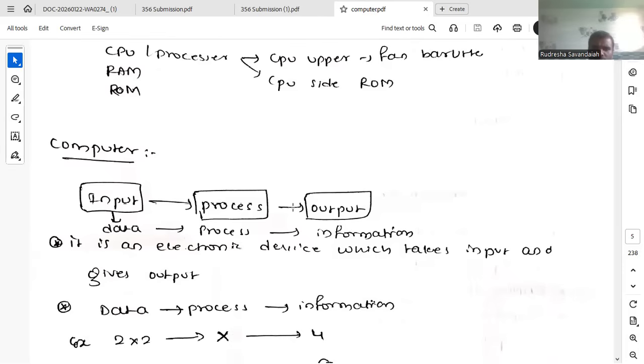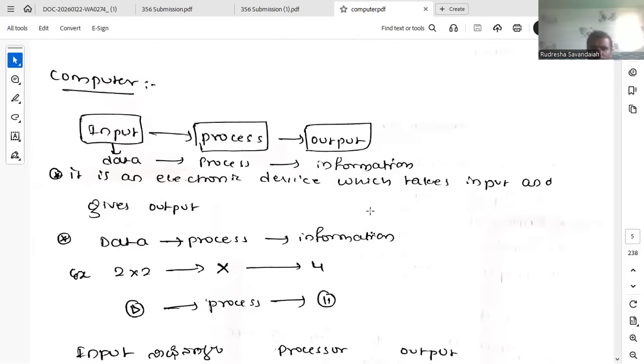Computer: input, processor, output, data, processes information. It is an electronic device which takes the input and gives the output. See, what is meant by computer? This computer is the electronic device which takes the input and gives the output. First, in the computer, I'll give the input.